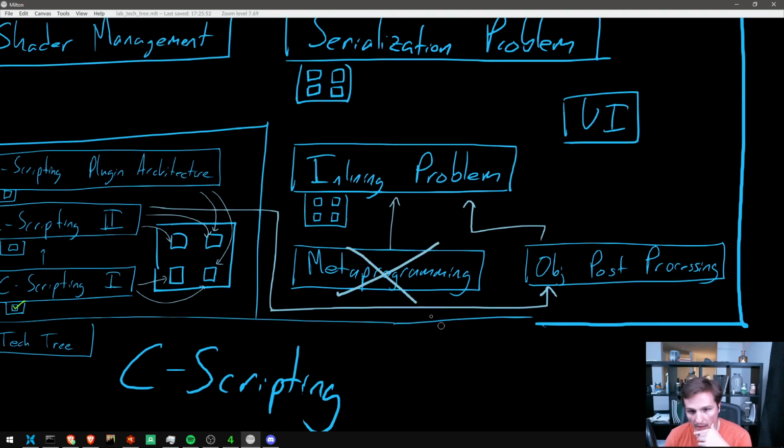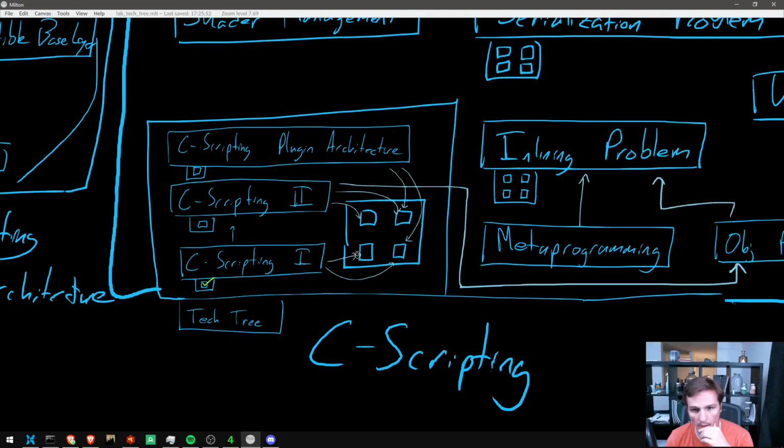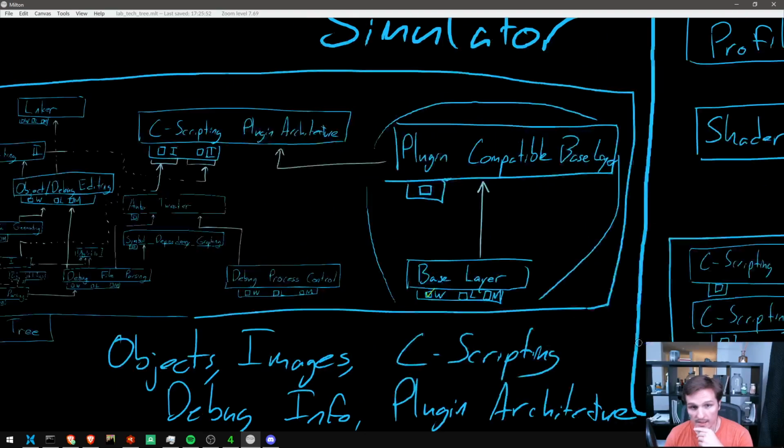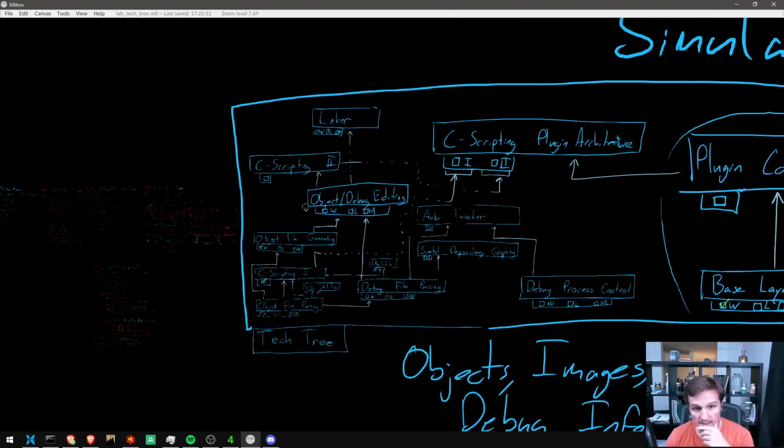So we're looking more at OBJ post-processing as the direction I want to go in, which means we're now trying to get to C scripting Mark II, which means we need to go look over here, C scripting Mark II.